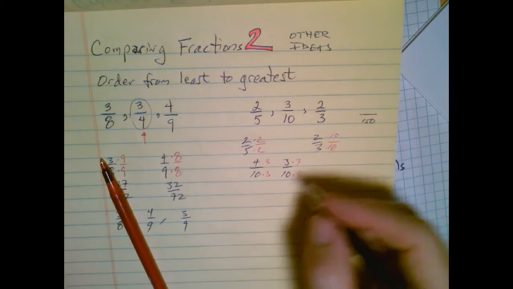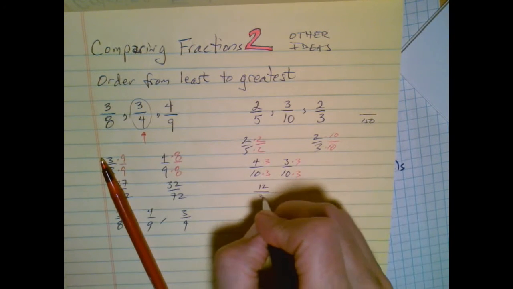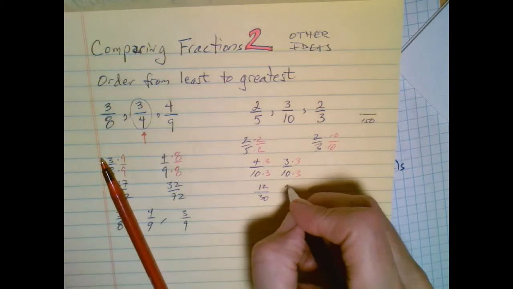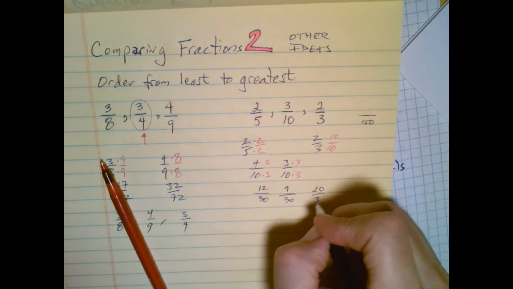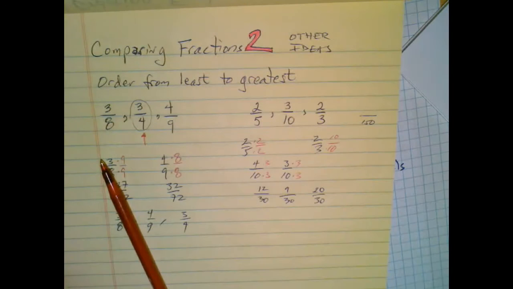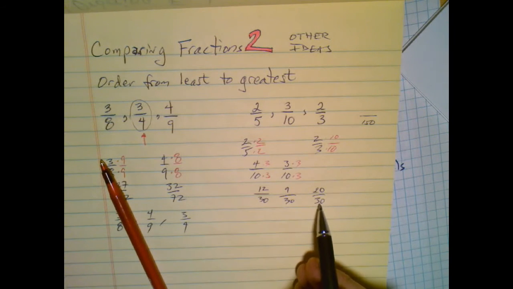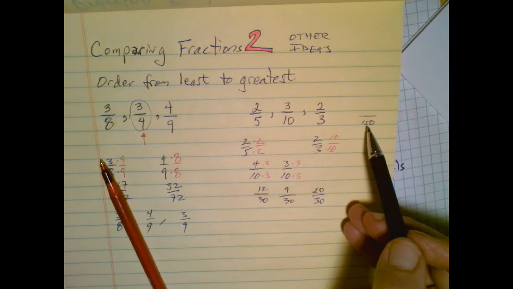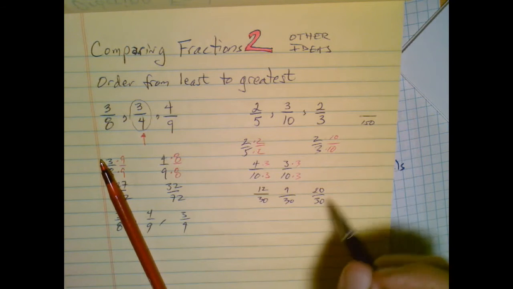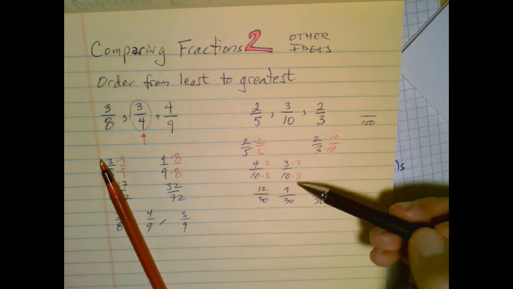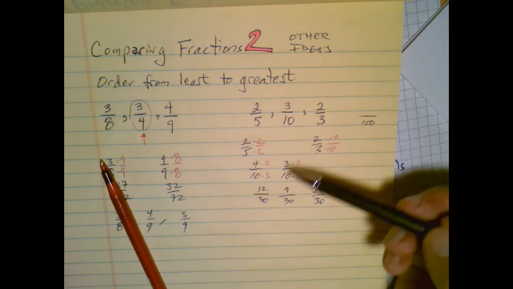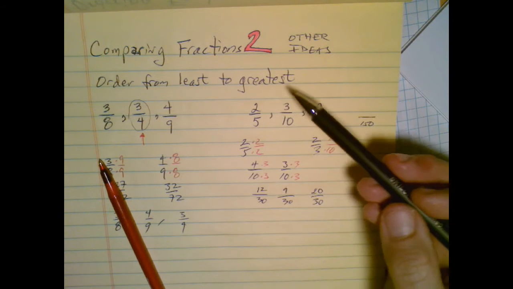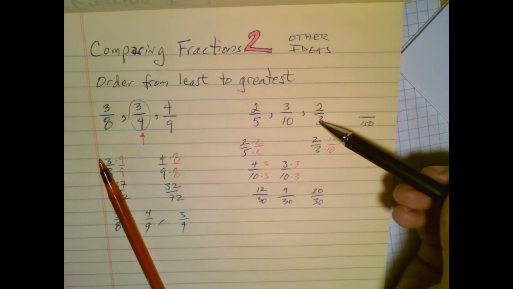And that will leave me with 12/30, with 9/30, and with 20/30. So now I have everything in terms of denominator 30, which is a lot less than 150. That's convenient. And I can easily see that it looks like 3/10 is going to be smaller than 2/5, which will be smaller than 2/3.